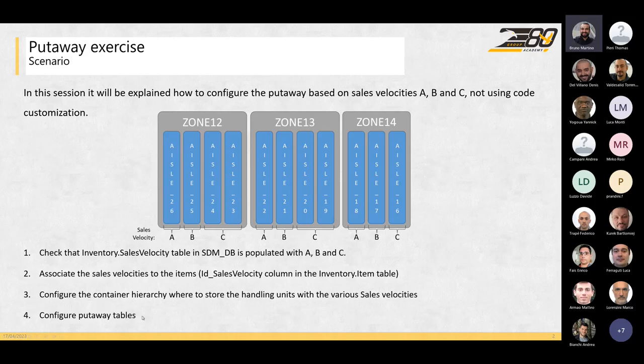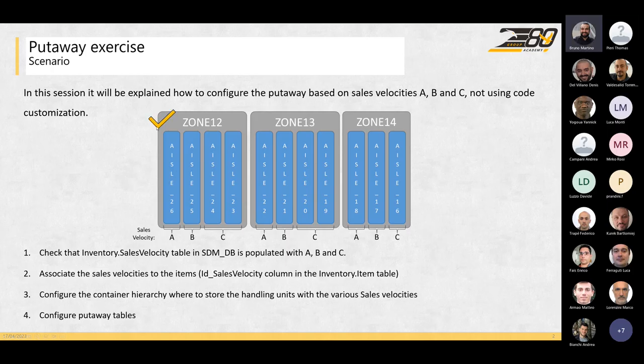We have to configure the container hierarchy to add the locations belonging to aisle 26, aisle 22, and aisle 18 to a group entity called sales velocity A, and we will do the same for the other sales velocities. Finally, we have to configure the put-away tables.